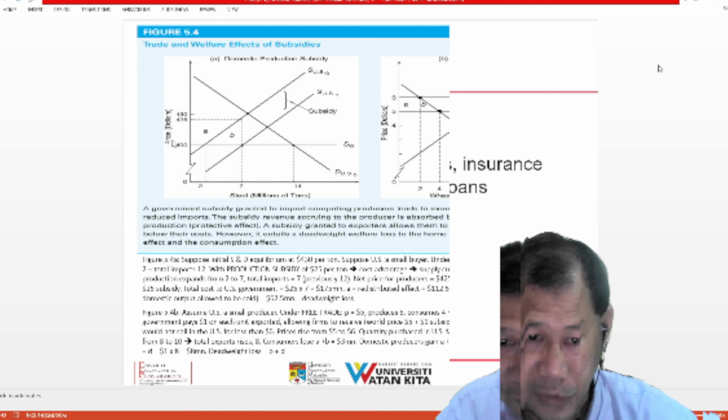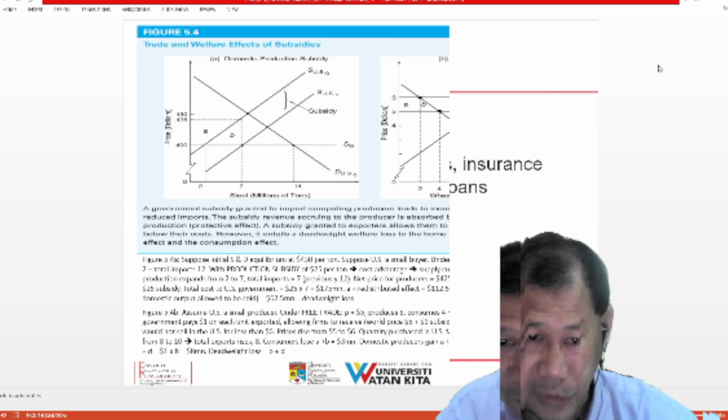This is free trade. It will consume 14. This is free trade, the demand curve and the supply of the world, and produces 2. So 12 is the total imports under free trade.